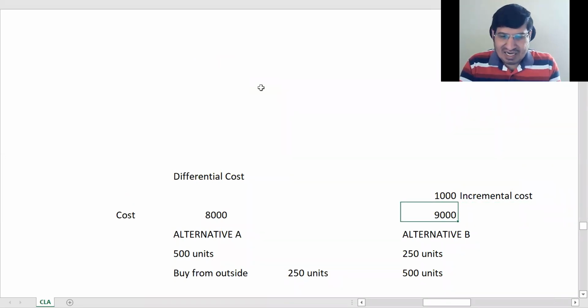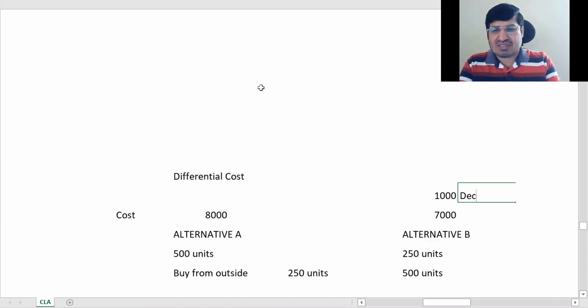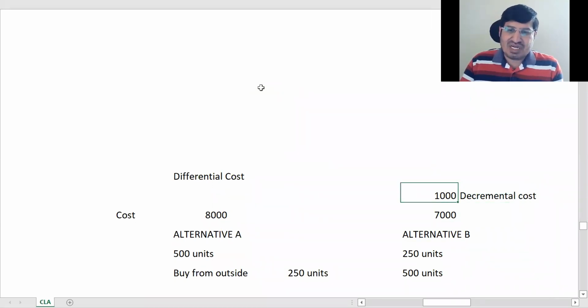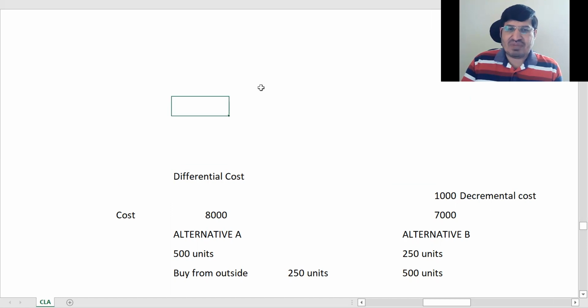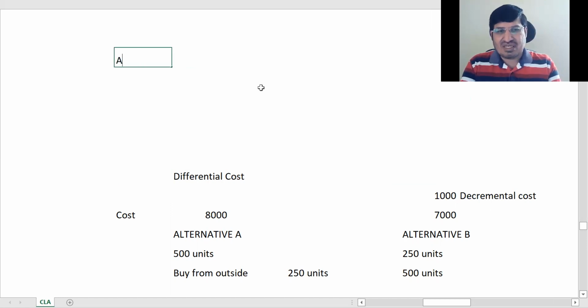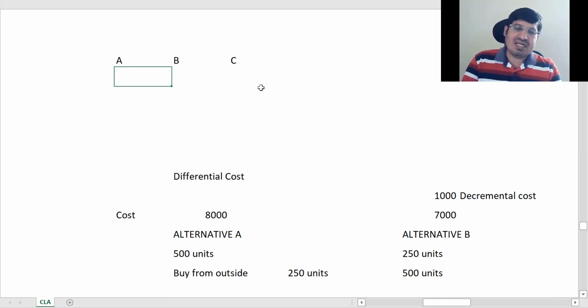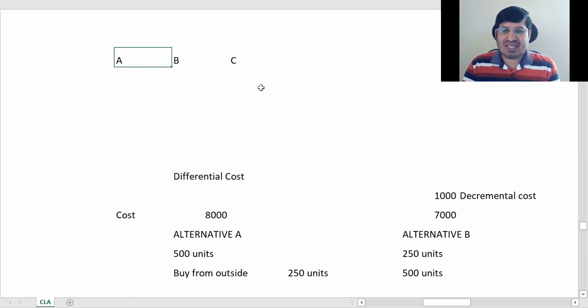Or had it gone down to 7,000, let us say, from 8,000, then this would have become decremental cost. So your incremental and decremental cost are related to differential cost. Now many times you have a product mix, like A, B, C, many products.